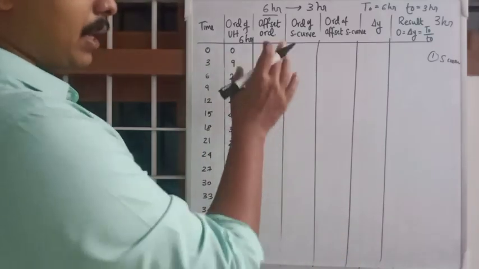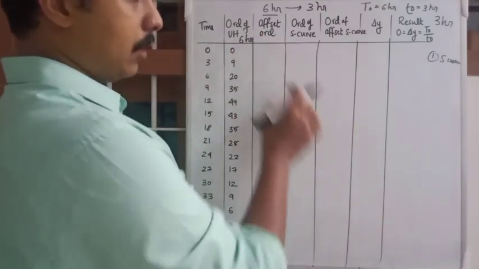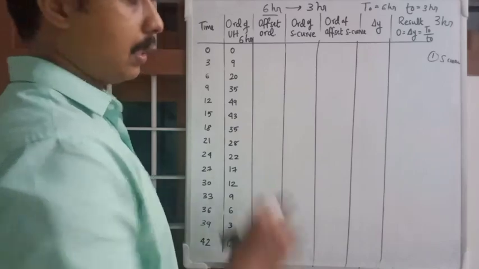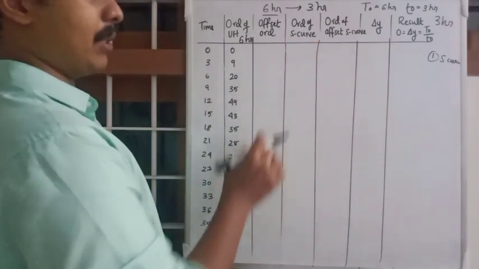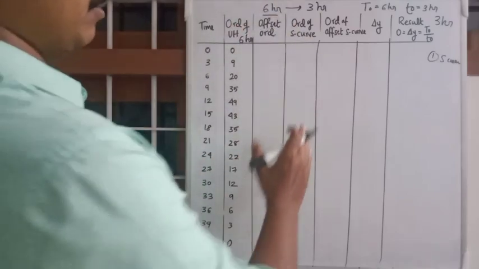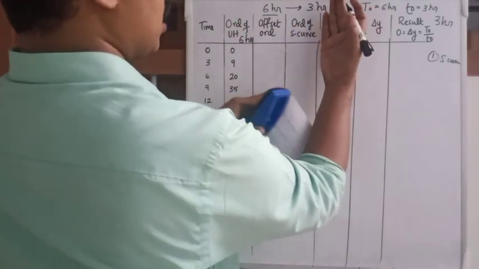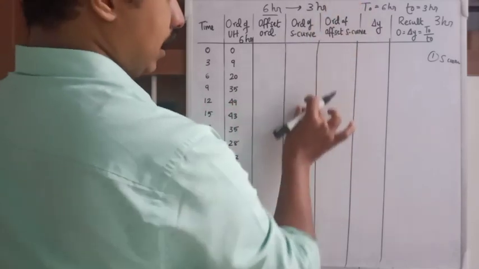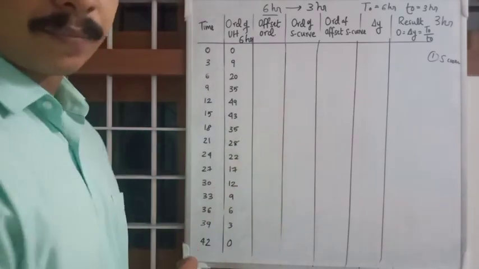There are two methods. You can lag those single values into a number of columns and add all those values, or you can do the alternate method. Here I have drawn the alternate method. Using these 2 columns you can get ordinates of the S hydrograph in this 4th column.